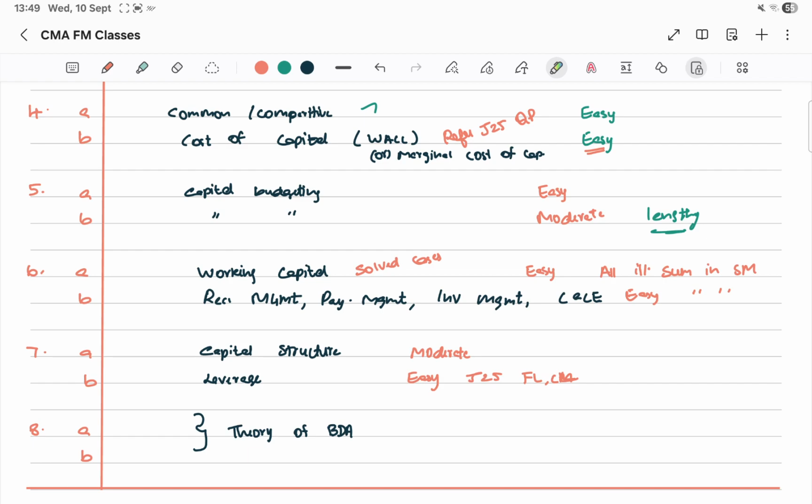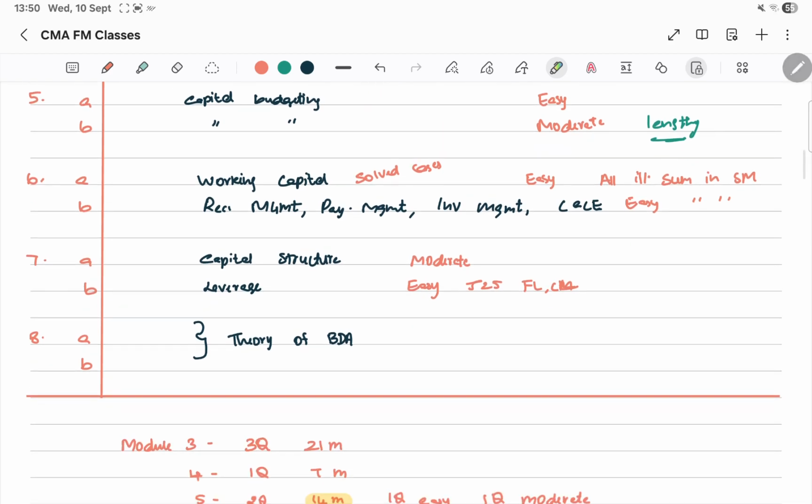And in 7 subsection B, you will be having leverage. In leverage, mostly they will be asking operating leverage, financial leverage, or combined leverage. From these three they might ask any of these, or they can ask you the degree.